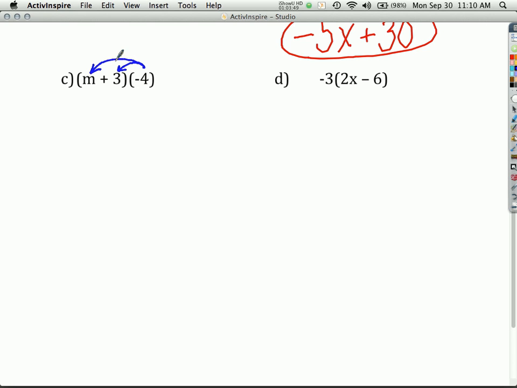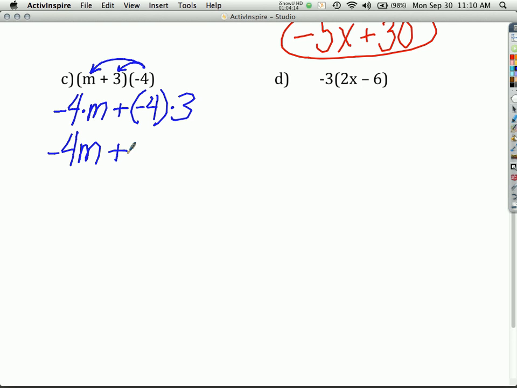So this is going to be a negative 4 times m plus negative 4 times 3. Now simplify. We already know negative 4 times m is negative 4m. We're getting used to that. Plus, what's negative 4 times 3?